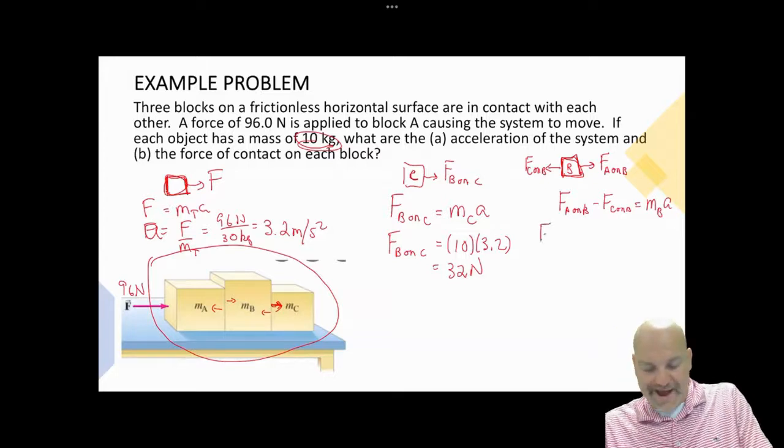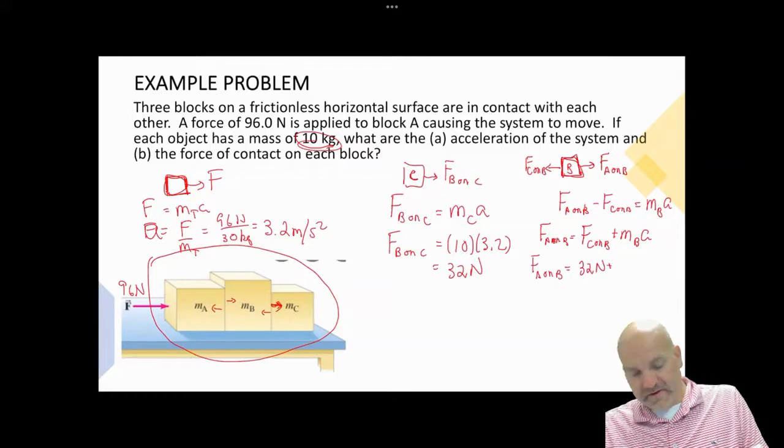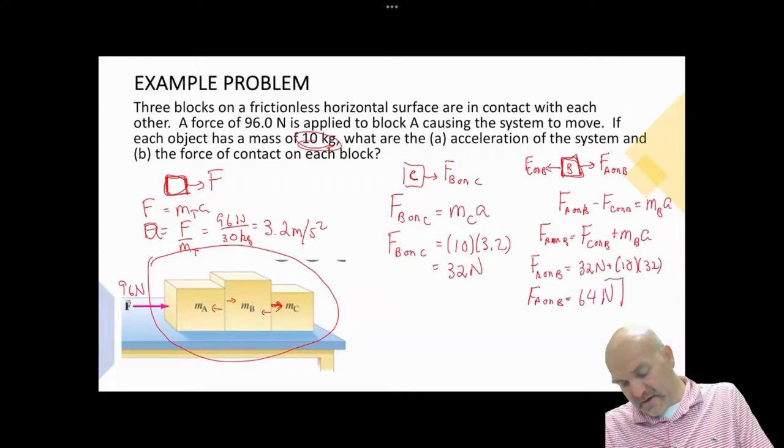And so I'm going to add F of C on B over, because I'm looking for F of A on B. Right? And so I have F of A on B equals 32 newtons, because that's what I found for C, plus 10 times 3.2. And so the force of A on B is 64 newtons.